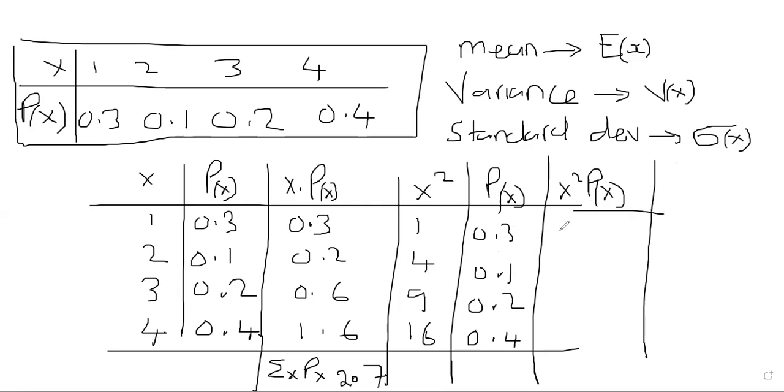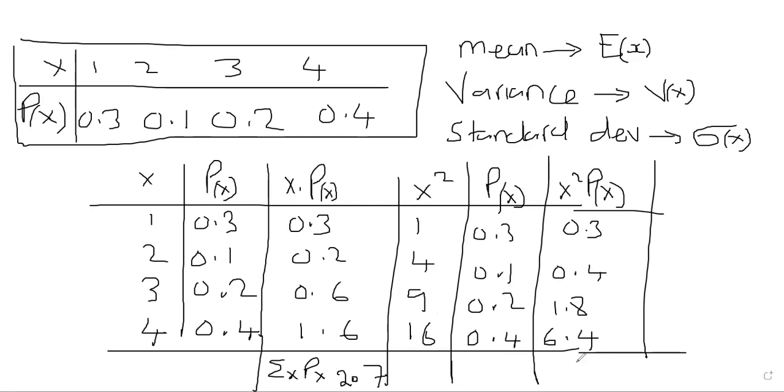So 1 times 0.3, we get 0.3. 4 times 0.1, we get 0.4. 9 times 0.2, we get 1.8. And finally, 16 times 0.4. So this is 24, 32, then here we have 6.4.